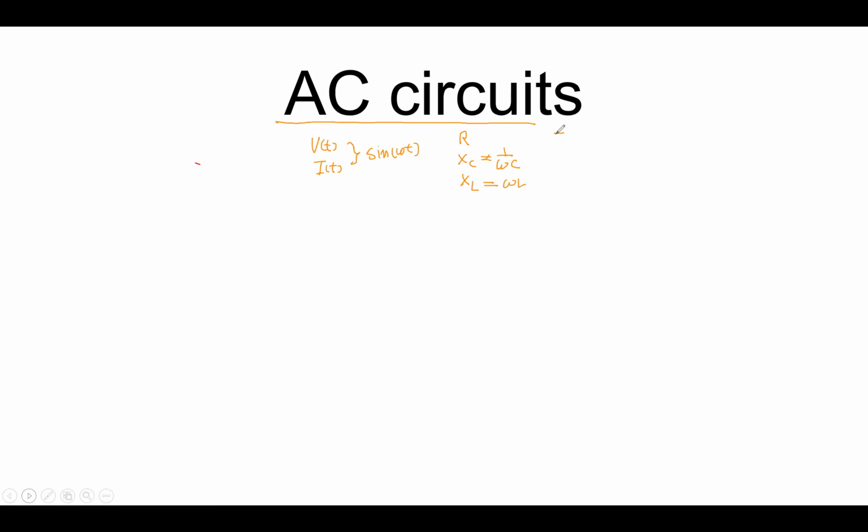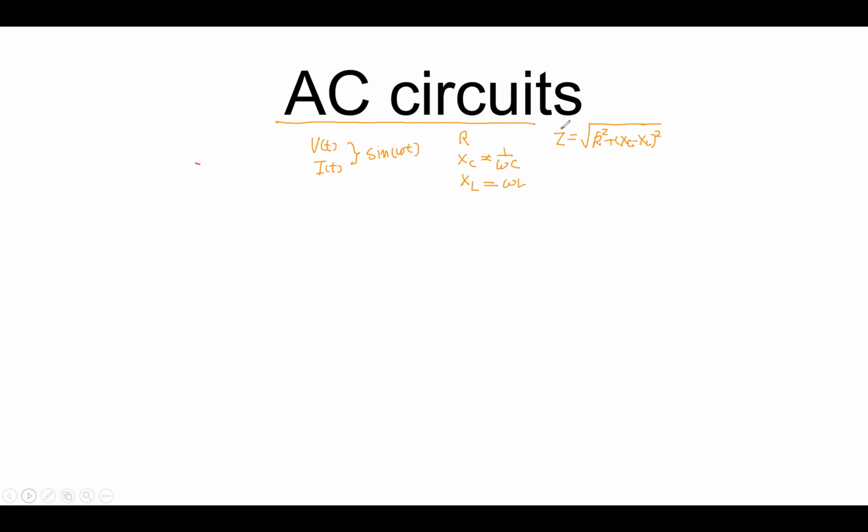And then we have an impedance, which is given by Z equals the square root of R squared plus (XC minus XL) squared. So this is the very important one.